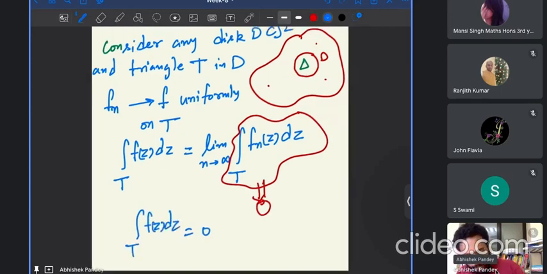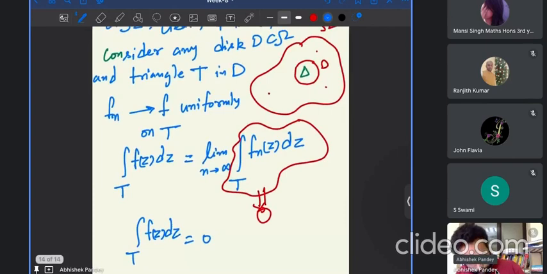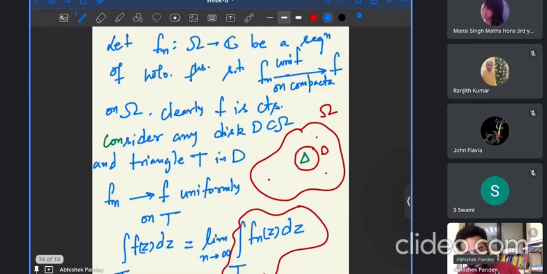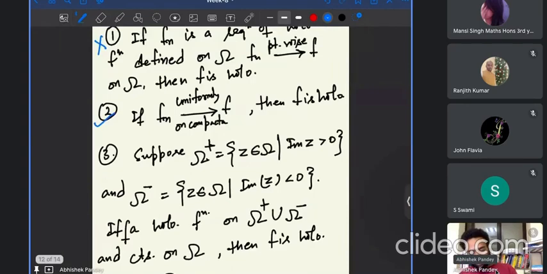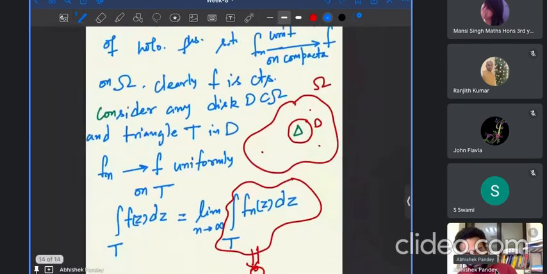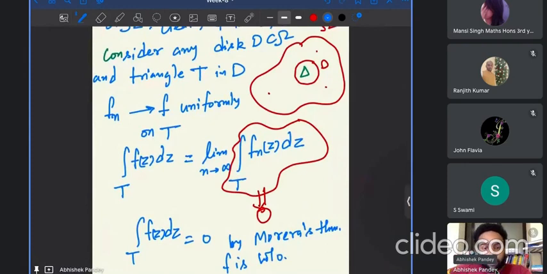On every closed triangle it is 0. By Morera's theorem, F is holomorphic. So the second option is true. Let us look at the third option. Is it clear or in doubt? I will assume there is no doubt.